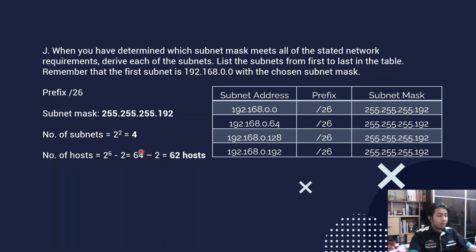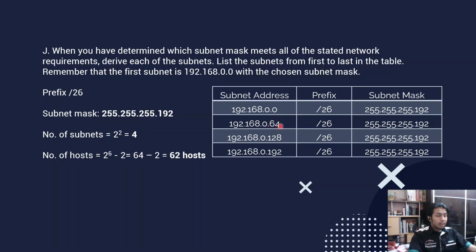So it mentioned that the first subnet address is 192.168.0.0, so we put it in the first row. For the second subnet address, we just have to add 64 because it has 64 hosts in the subnet.